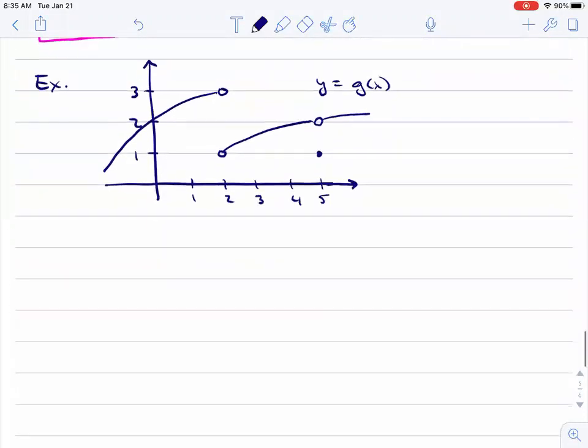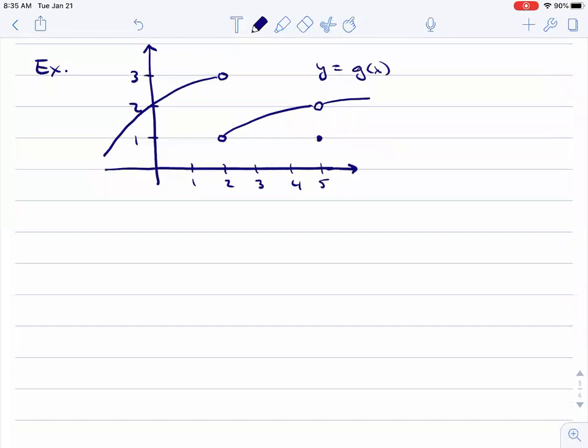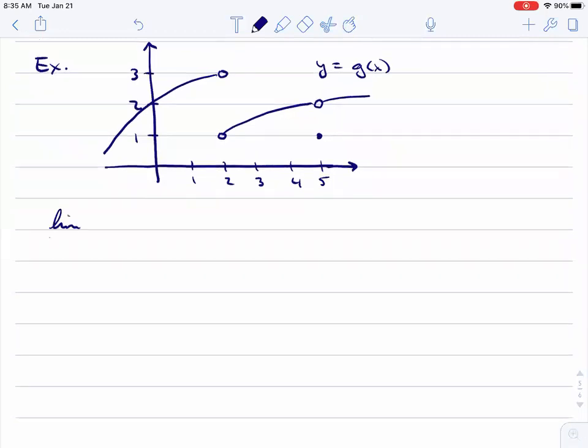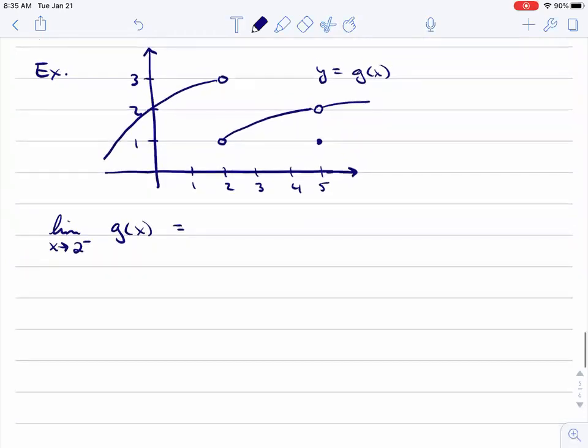But the way we have to justify it is that the limit as x approaches 2 from the left of g of x is going to be positive 3, because if I'm coming up on g of x from the left-hand side of x equals 2, then I end up at 3.